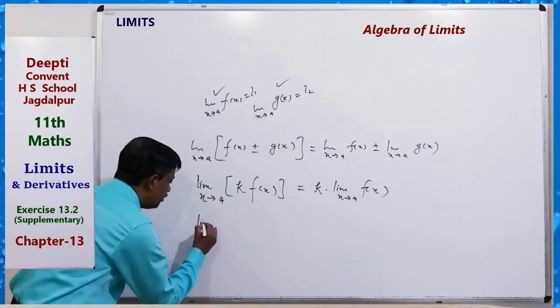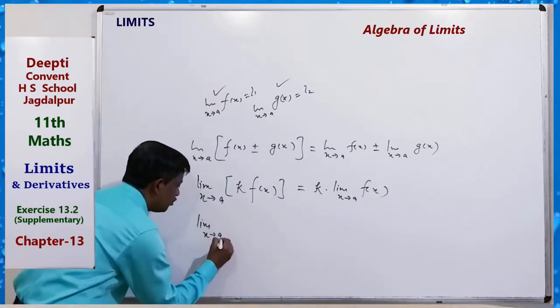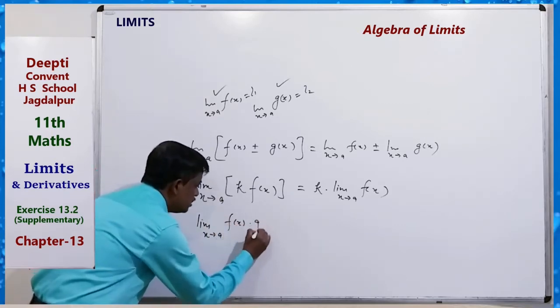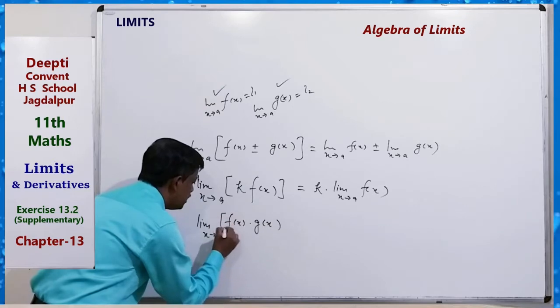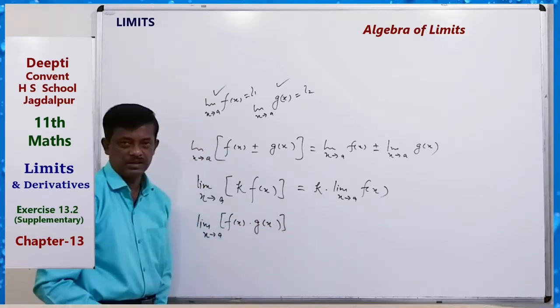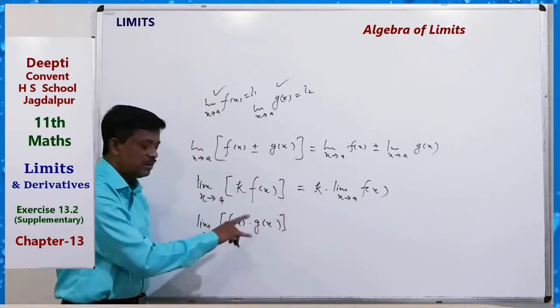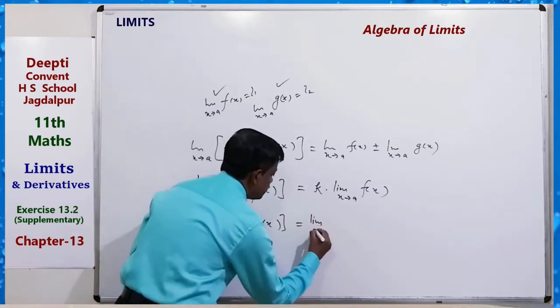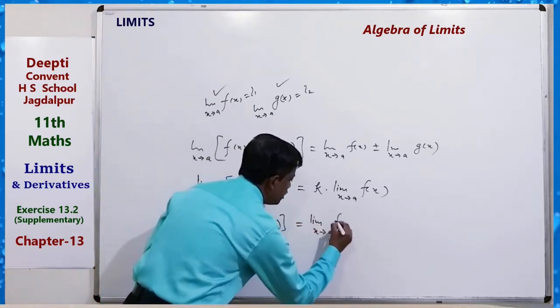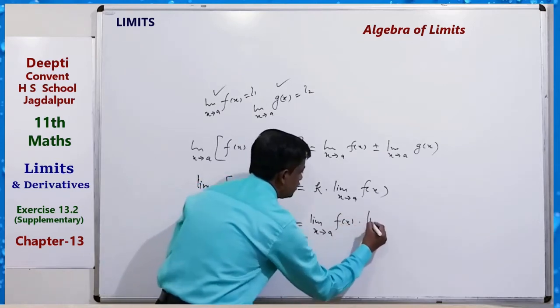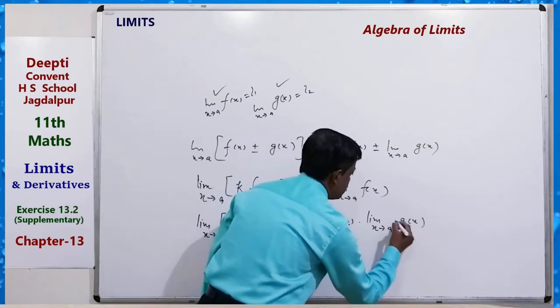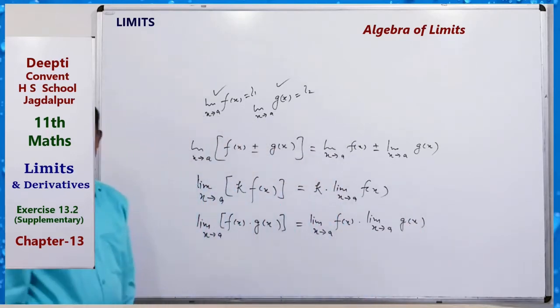Similarly, as x tends to a, with f(x) and g(x) having a common domain, for f(x) into g(x) two functions are multiplied, so you can separately take the limits and multiply. This equals the limit as x tends to a of f(x) into the limit as x tends to a of g(x) separately.